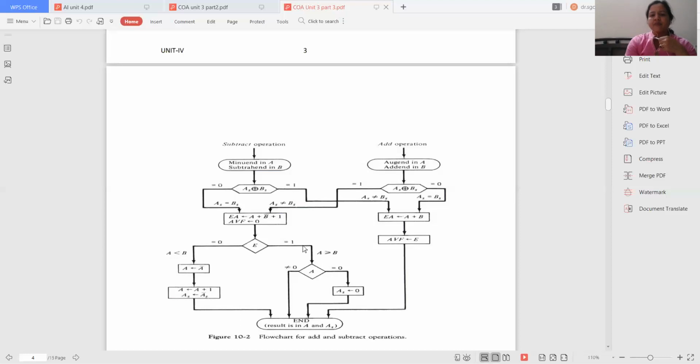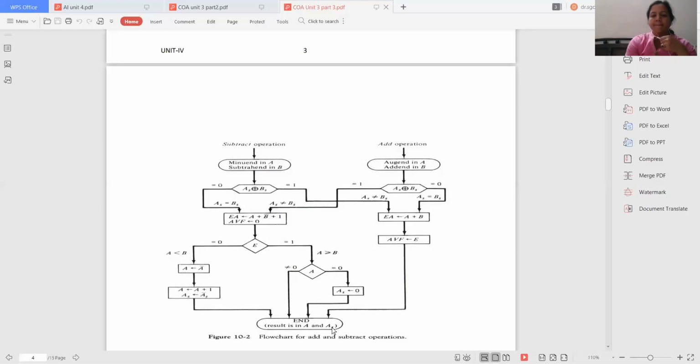The second case is if A is greater than or equal to B, then the value of E is 1. So again, we have to find whether A is equal to B or A is greater than B. In case A is not equal to 0, that means A is greater than B, we will perform this, the result will be stored, and the result is in A and AS will get the value of the sign.